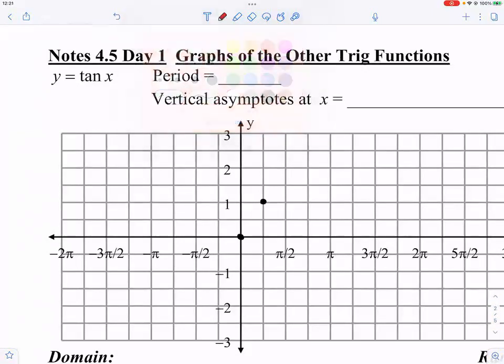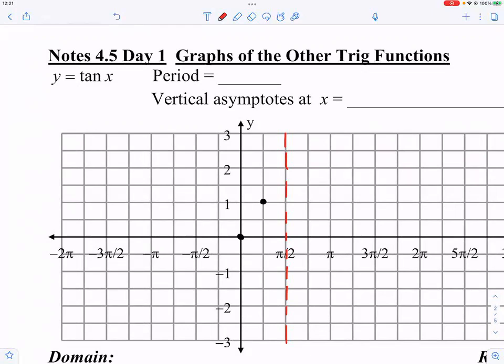We will need to use an asymptote. And by the way, why is tangent pi over 2 undefined? 1 divided by 0, right? If you use the unit circle, it's 1 divided by 0. So therefore you have undefined.